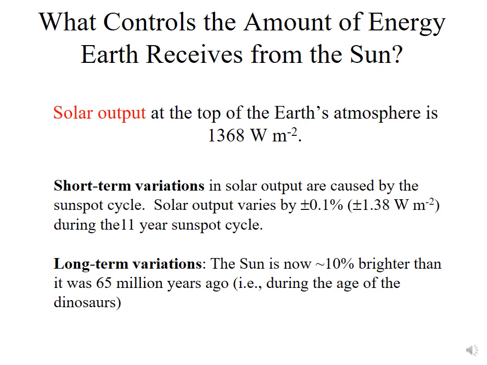But based upon these long-term variation models of solar evolution, we know that the sun is now about 10% brighter than it was 65 million years ago during the age of the dinosaurs.